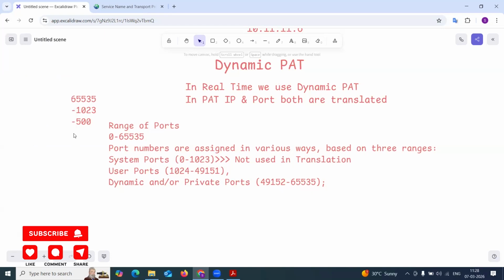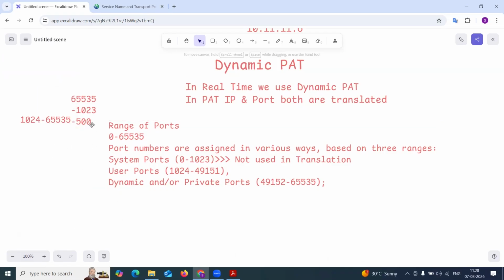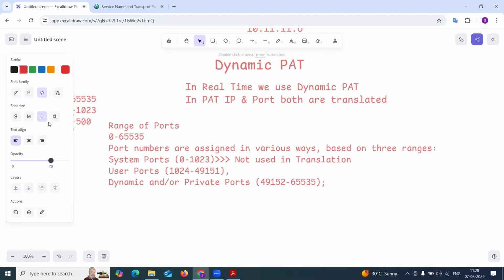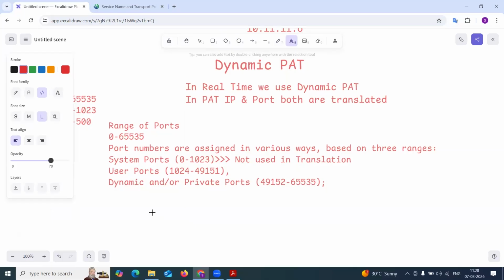The remaining 500 more, within the range of 1024 to 65,535, these 500 port numbers will not be usable. So from 65,000 we deduct 1023 and 500, so approximately we have 64K ports. We have around 64K ports. So one public IP can be used for how many port numbers?